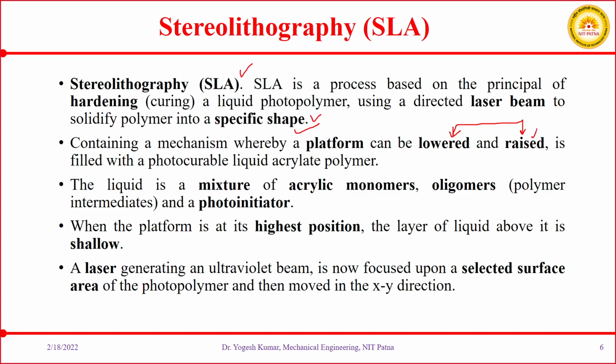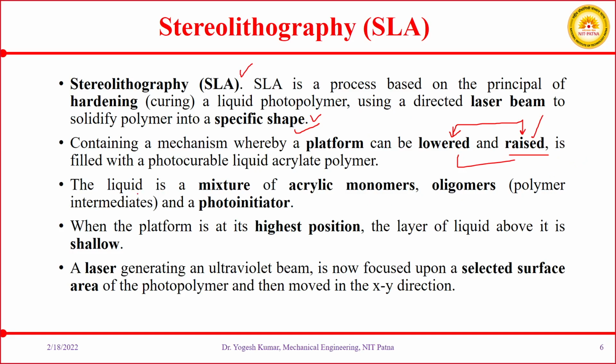In the other case, after the solidification you raise the container height by the height of your layer thickness. Both these processes we will be discussing in the next few slides.